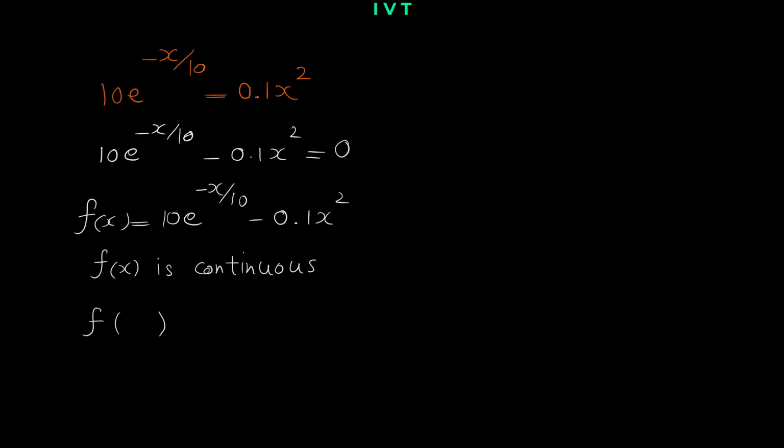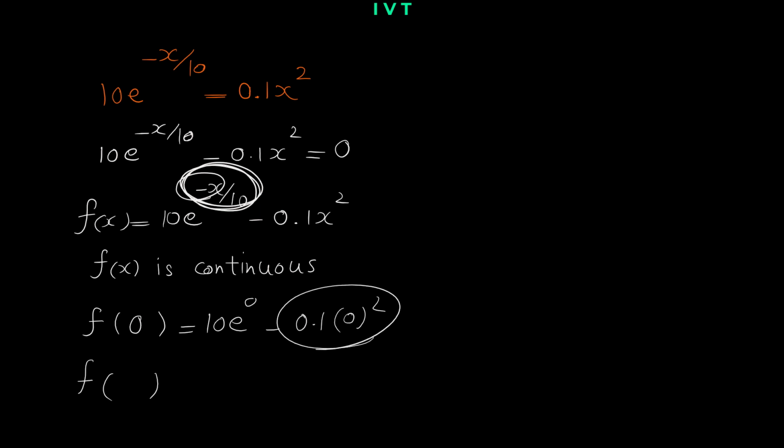Now is the time to choose numbers for x, one of them making f of x positive, the other one negative. Similar to the previous question, I am going to choose 0 as my first number, because 0 is usually an easy number to substitute in a function. If we plug in 0 for x, then we have 10e to the power of 0 over 10 minus 0.1 times 0 to the 2.